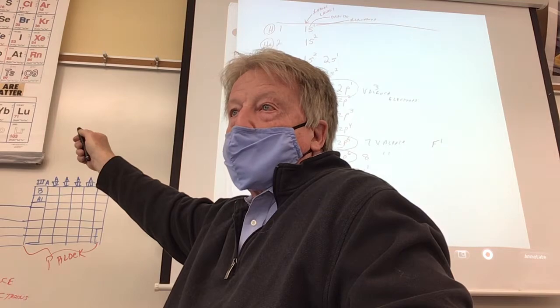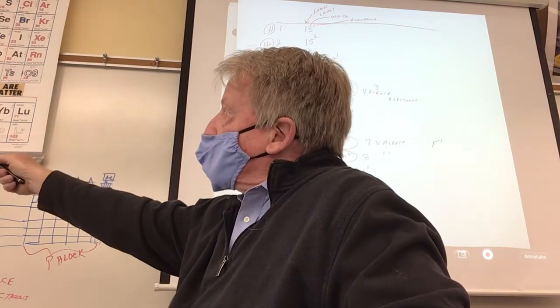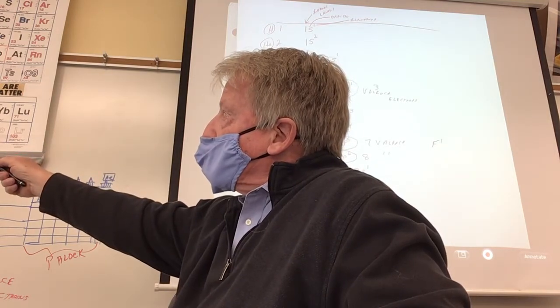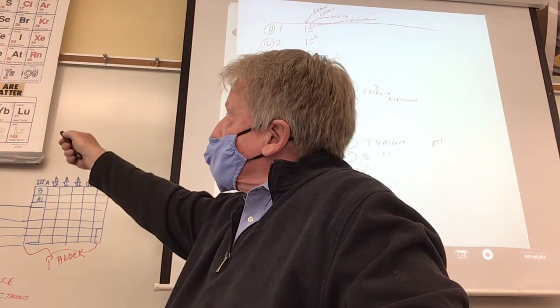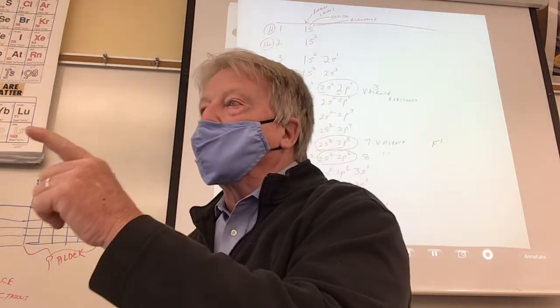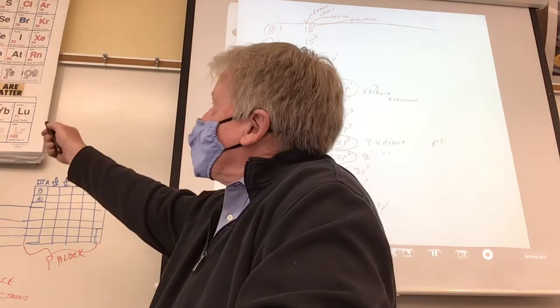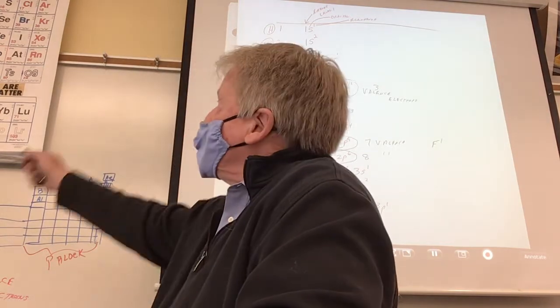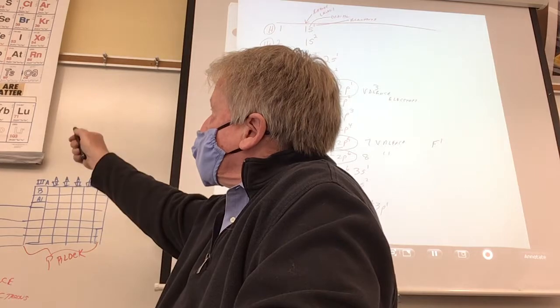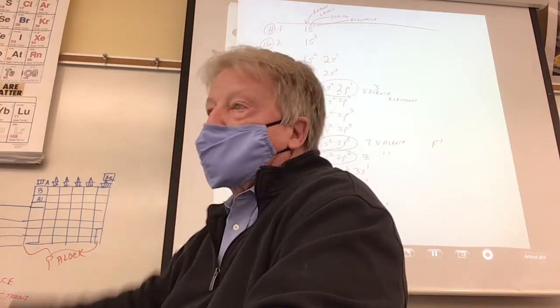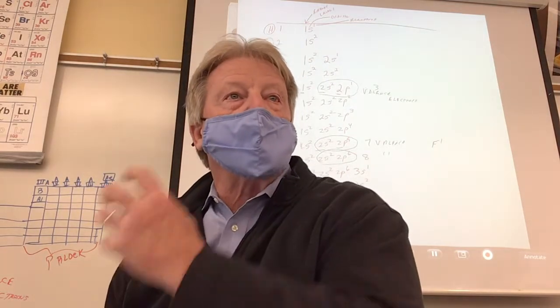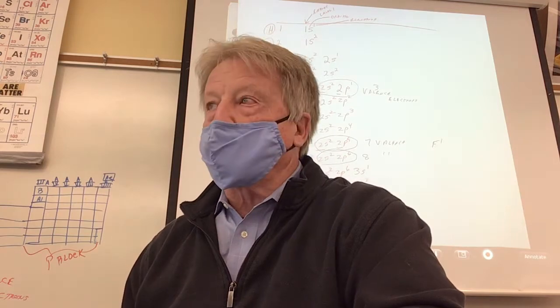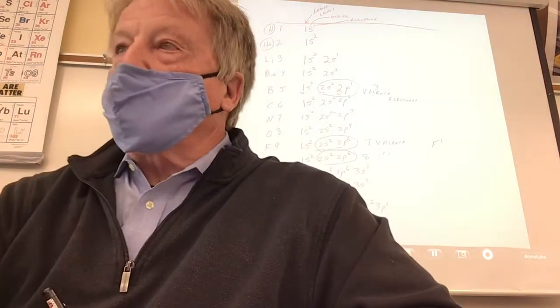Are you with me? Third energy level. You always start with s. 3s1, 3s2, 3p1. That's how I knew you should have ended up at 3p1. Everybody in this column is a p1, p2, p3, p4, p5, p6. You read the periodic table. You don't memorize it.